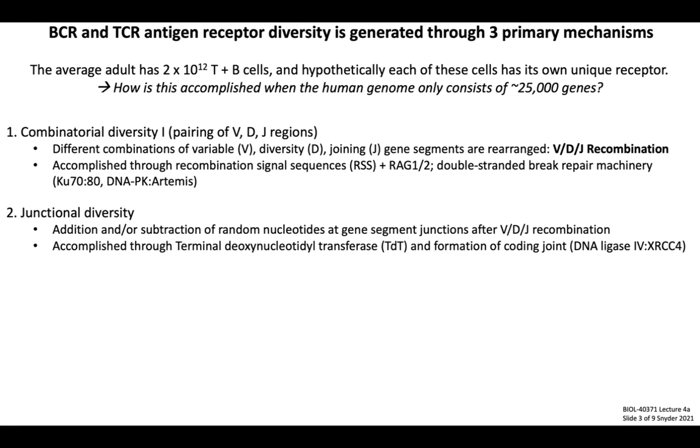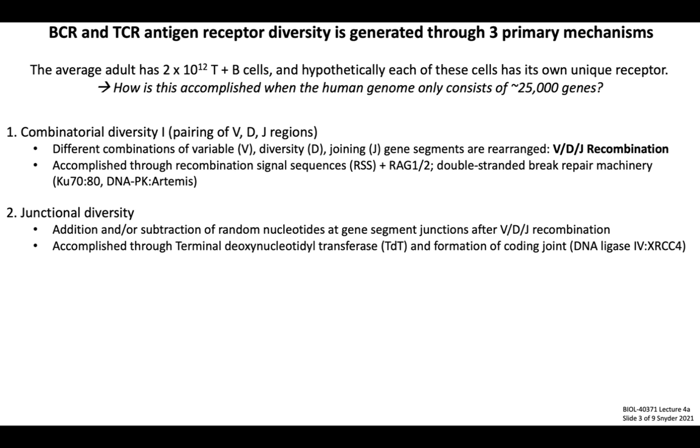The second is junctional diversity, which is a component of VDJ recombination. Following rearrangement of V, D, and J segments, an enzyme called terminal deoxynucleotidyl transferase, which is thankfully abbreviated as TdT, introduces random additions of nucleotides at the junctions between each segment. An exonuclease can also remove random nucleotides at these junctions.